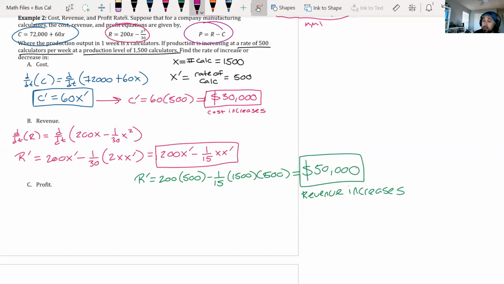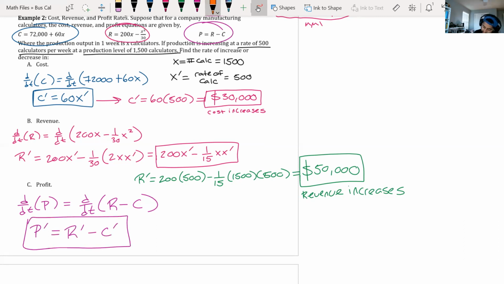So now we want the derivative of that profit function. So we're going to say d over dt of p equal to d over dt of r minus c. And the implicit derivative of p is p prime equal to the implicit derivatives of r and c, r prime minus c prime.